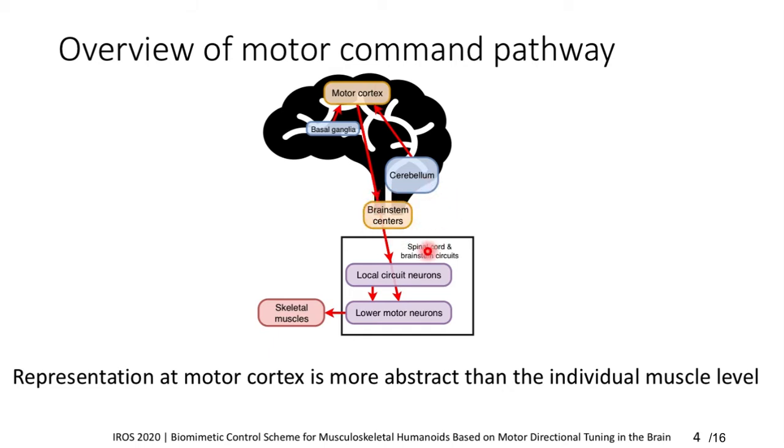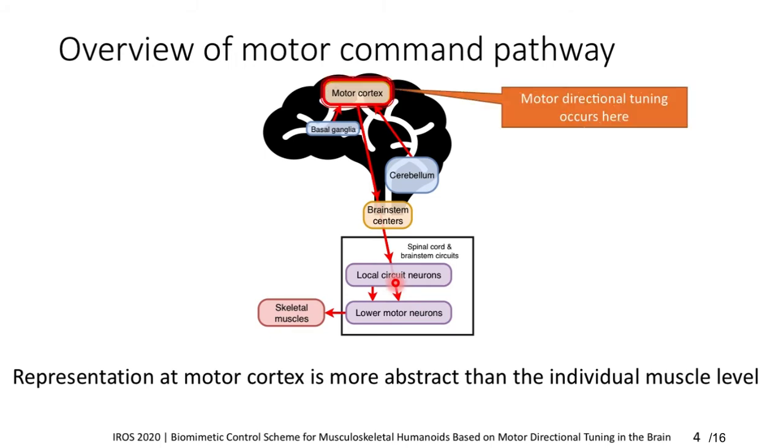They are finally converted to commands that lead to individual muscles in the lower-level circuits in the spinal cord and brainstem. The motor directional tuning phenomenon, which we have attempted to emulate in this research, occurs here in the motor cortex. Here it is important to note that the representation at the motor cortex is more abstract than the individual muscle level.